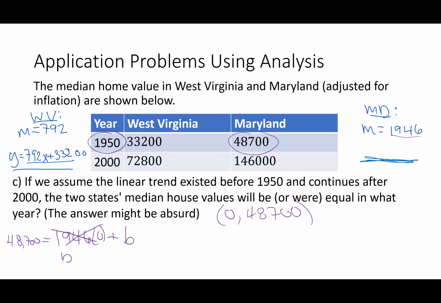That gets knocked out, so now I have that b is 48,700. So what I have now is the equation here. So now what I'm doing is I'm going to set this equation equal to this equation, and that's going to be how I will find out exactly when these things are equal.